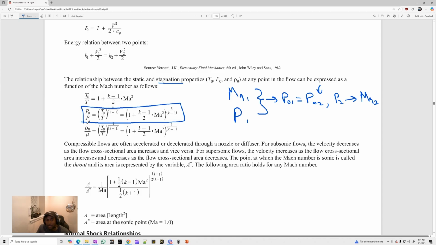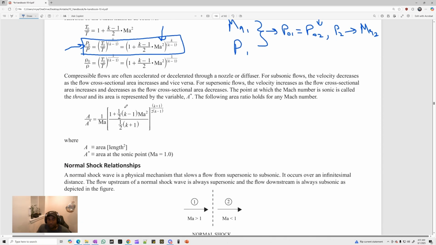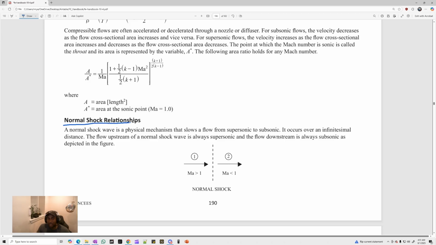So let's go ahead and see if we can execute on our plan. We're looking at this left-hand side relating the total and static pressure, and the right-hand side which relates them to the Mach number. So that is all about isentropic flow, compressible flow. There are some relationships for area, and then we have shock waves. Across shock waves, we have a big drop in properties and a lot of different changes.